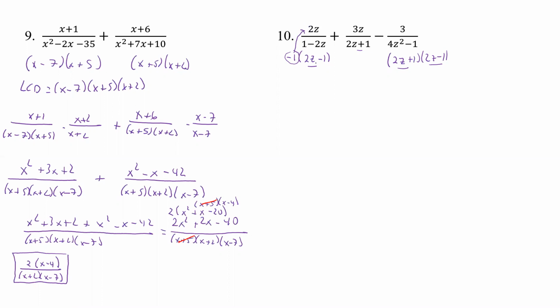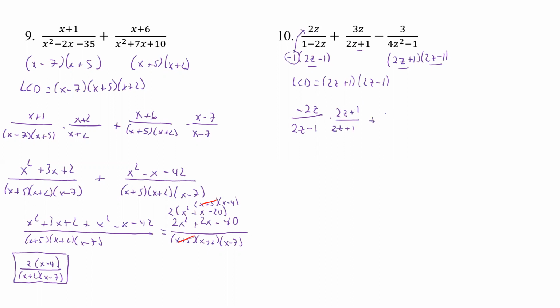And so then I have LCD now is just (2z + 1)(2z - 1). So if I have the initial one here is a -2z over 2z minus 1, I have to multiply that by (2z + 1)/(2z + 1).